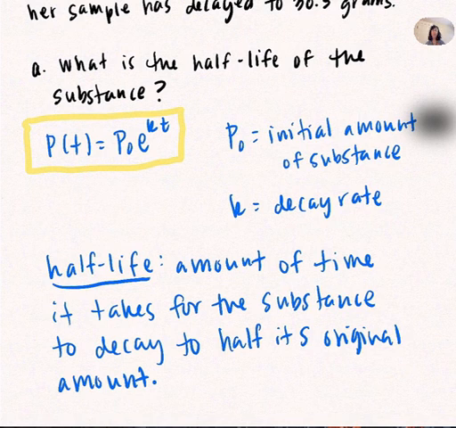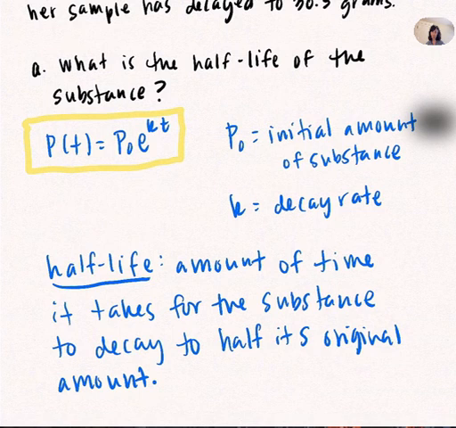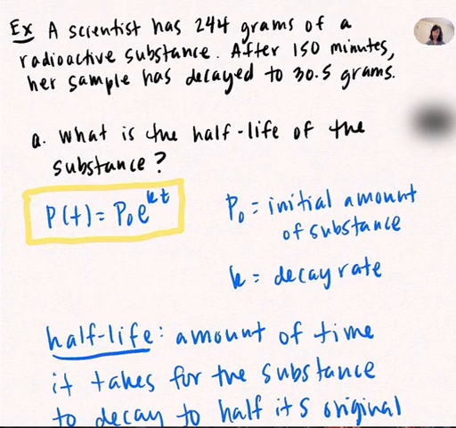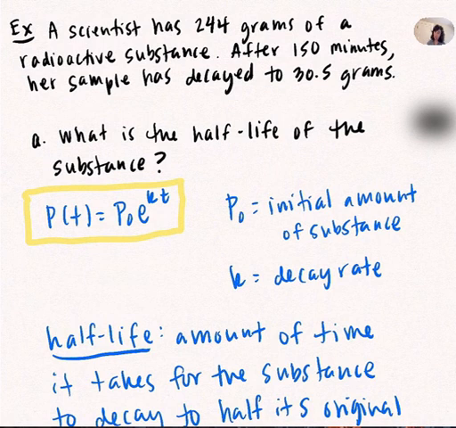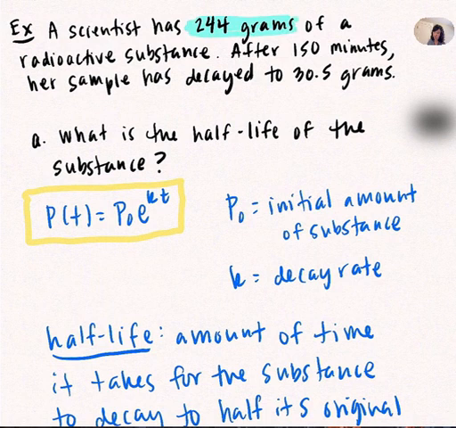So let's take a look at the information that we're given and try to figure out how to find the half-life of this substance. So we're told that the scientist starts out with 244 grams of whatever radioactive substance this is. So that means we actually are given P naught here.